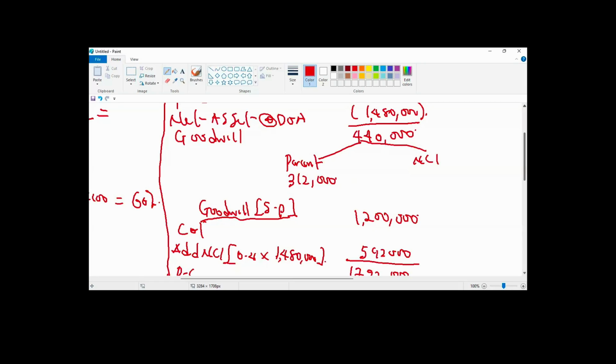Please don't multiply by percentage. It's straight: 440 minus 312 is 128,000. So goodwill of NCI is 128,000.